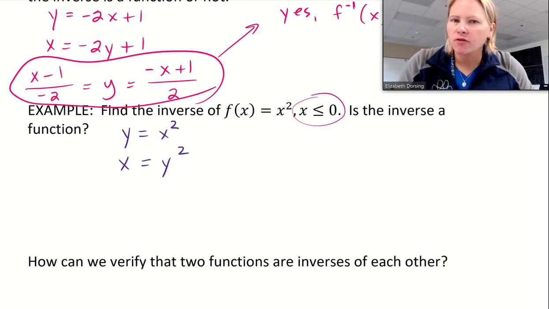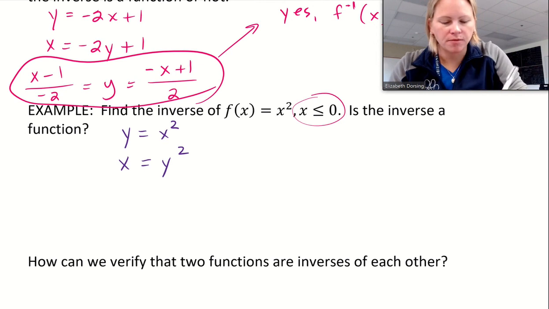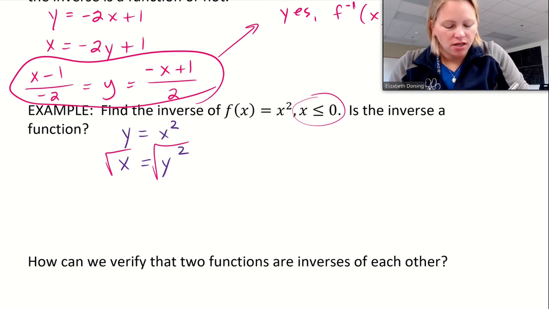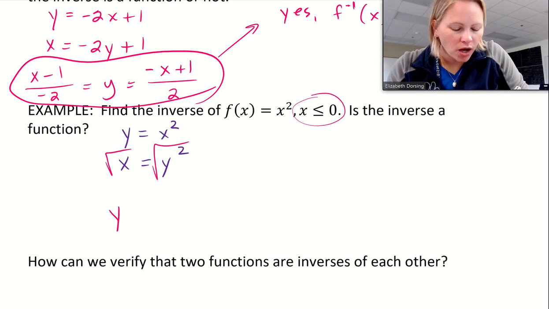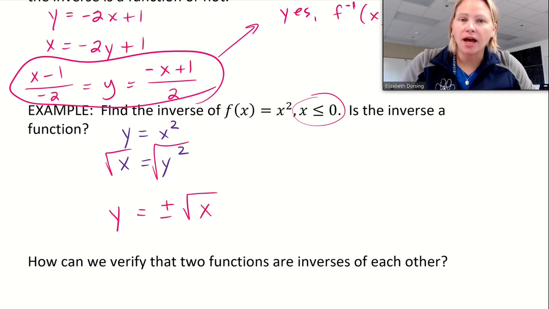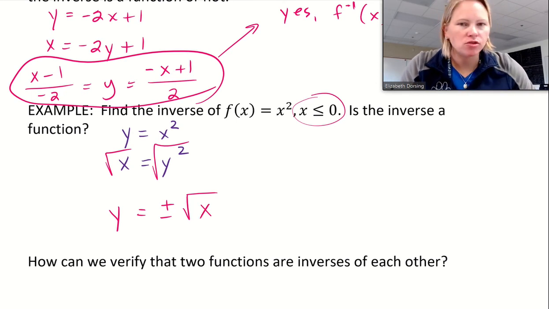Now we have to solve for y, and here's where it gets a little tricky. We've always been taught that when we solve for y using a square root, we always need to include a plus or minus sign. So we end up with something like this. y equals plus or minus the square root of x. Now, here's the tricky part. Why do we use the square root?